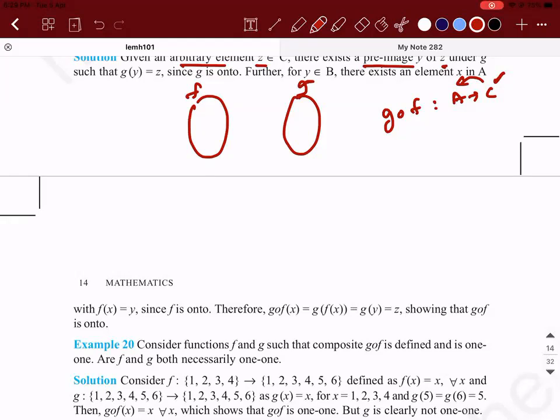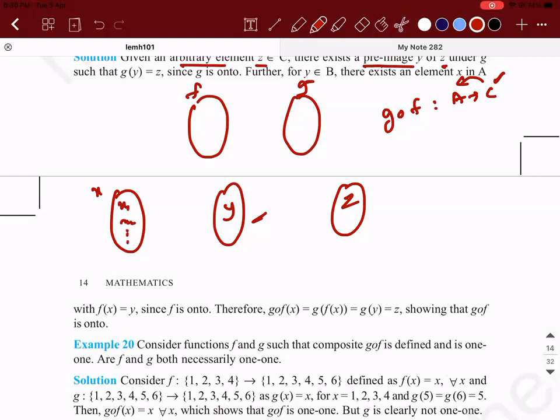So here there are two functions that are getting connected: the set X, the set Y, and the set Z. So for g circle f to exist, why are we saying the codomain of f should be equal to the domain of g? I'll tell you why it is so. If I take x1, x2, and so on, if x1 is mapped to some element here, I need to ensure that every element of set A is mapped to some element in set B, or else it is not a function at all.